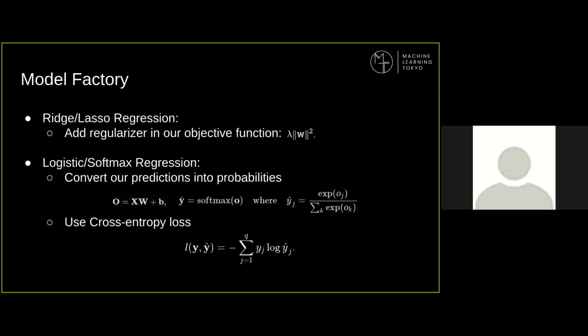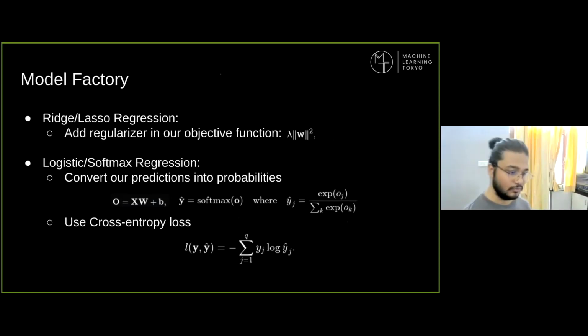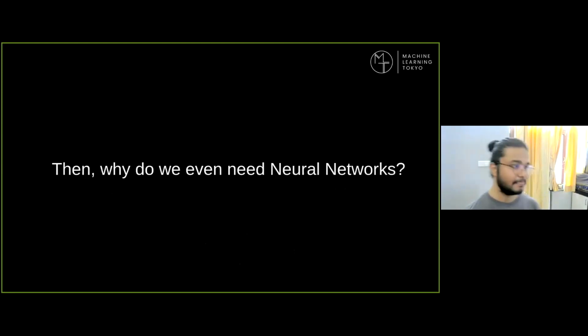In order to take into account classification problems, we can first of all convert our linear outputs into probabilities. The way to do that is to use either a softmax or a sigmoid function, right? And instead of using MSE loss, we can use cross-entropy, right?